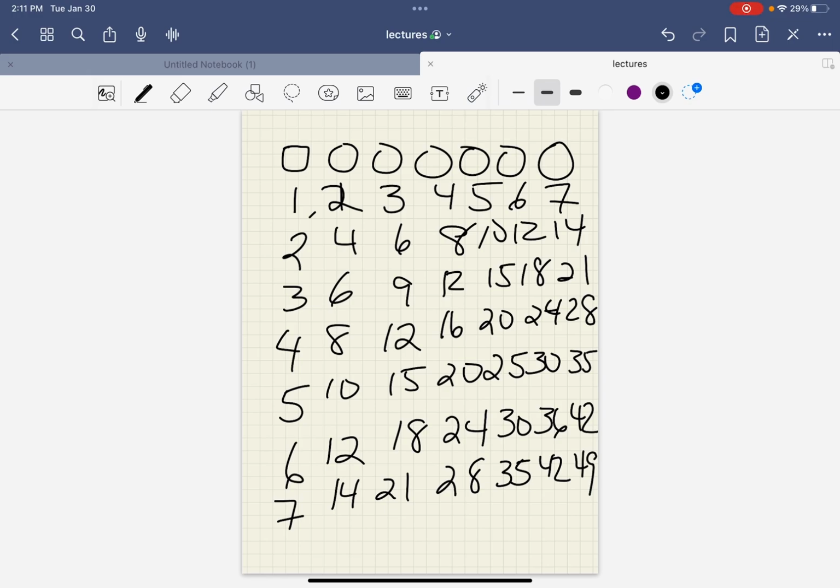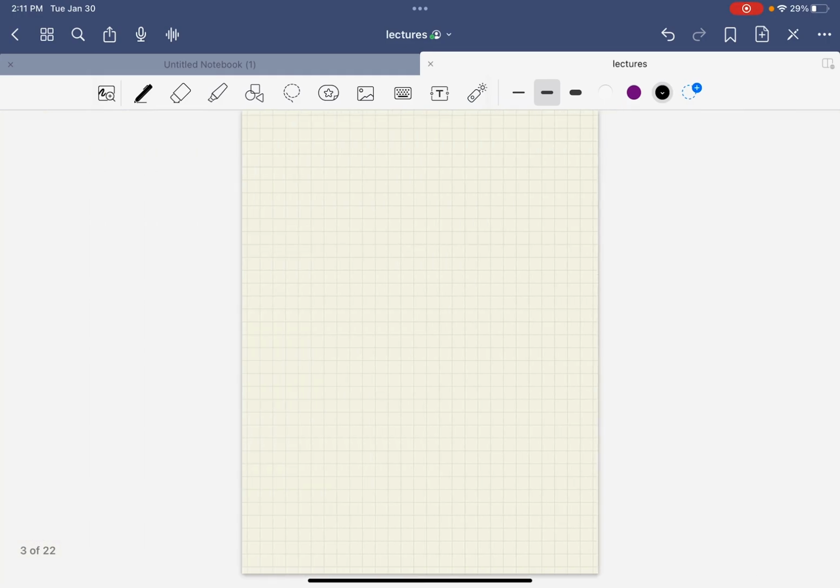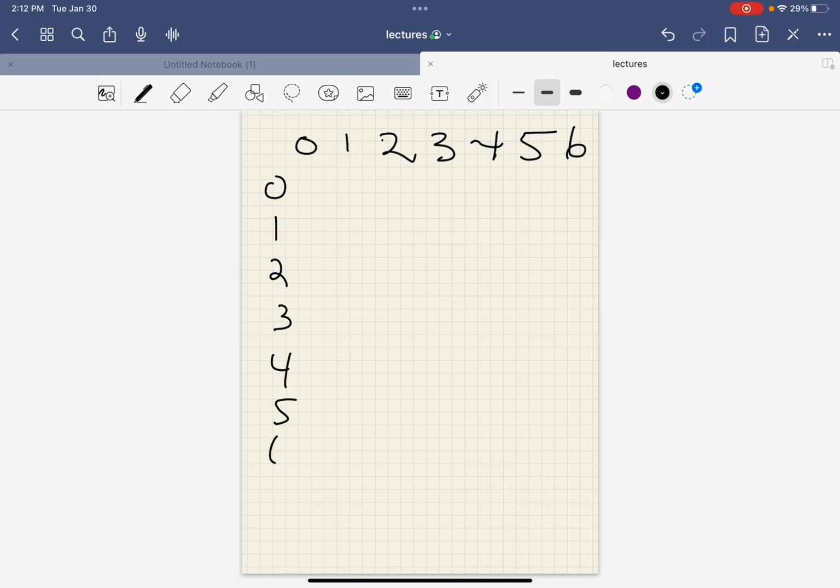If we're going to make a multiplication table, we're going to use these values because these are all times values. But we're going to start by making this thing that's going to go 0, 1, 2, 3, 4, 5, 6. And then over here, scoot over a little bit and do the same thing: 0, 1, 2, 3, 4, 5, 6. Okay, so this is broken up like this.